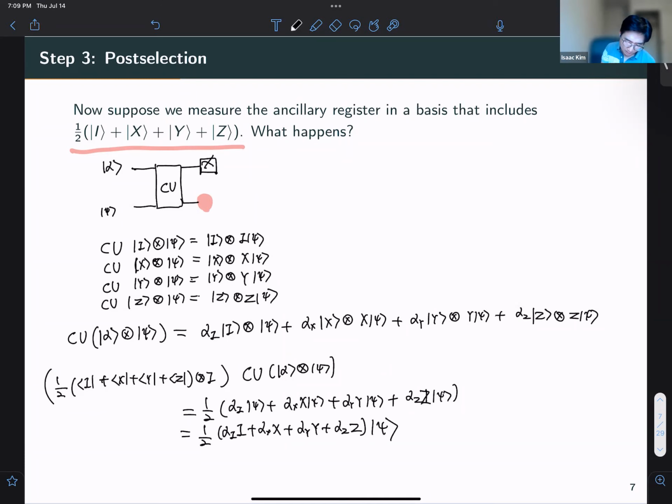And that is exactly equal to 1/2 times alpha psi. Of course, you're going to have to normalize it. So after the normalization, we obtain the state that we actually wanted. Of course, there's a caveat. The caveat is that this happens only when the measurement outcome happens to be this. There is a non-zero probability that you measure something else, and when that happens, you will generally get a different result.